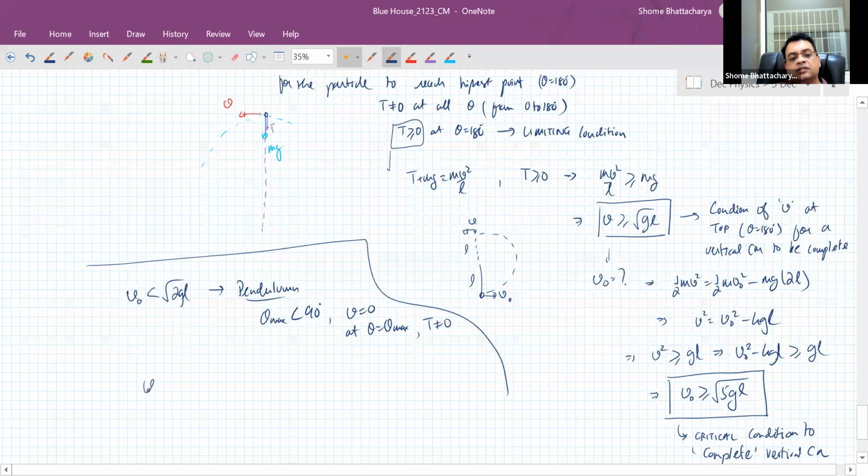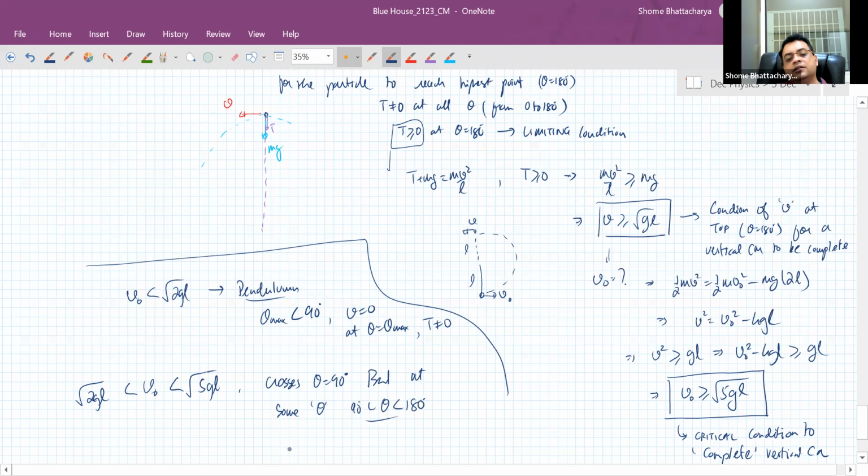If V naught is greater than root 2 gL but less than root 5 gL, then it crosses theta equal to 90 degrees, but at some theta greater than 90 and less than 180, the string slackens. So it does not complete vertical circular motion.